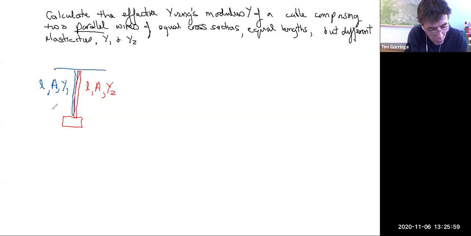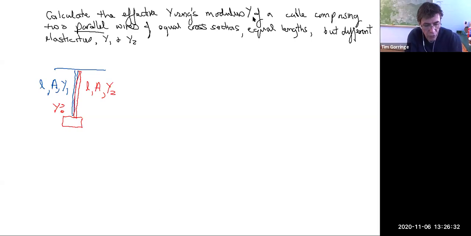And we're interested in the effective Young's modulus, I'll call it Y, of this parallel arrangement of the two wires. Parallel because they're next to one another, because they're neighbors to one another.